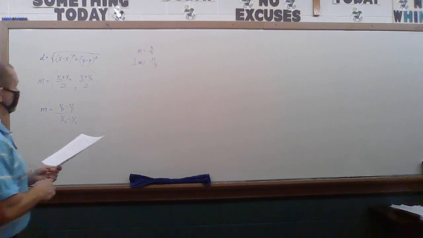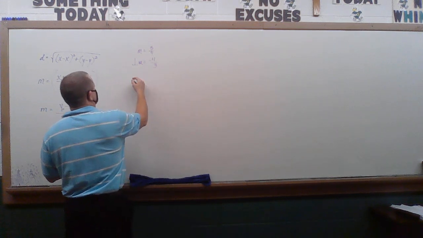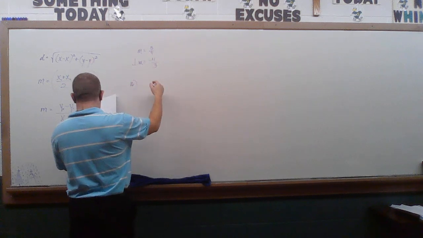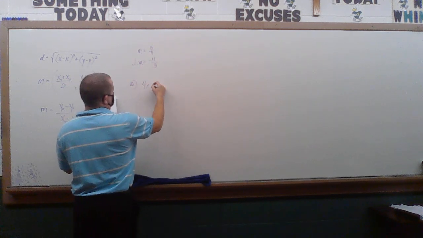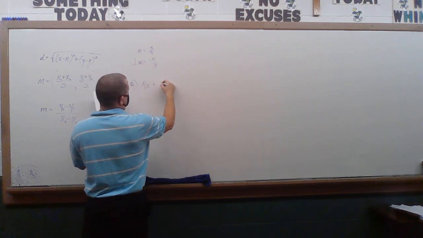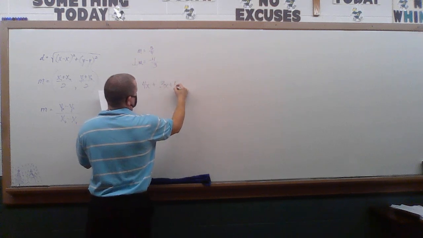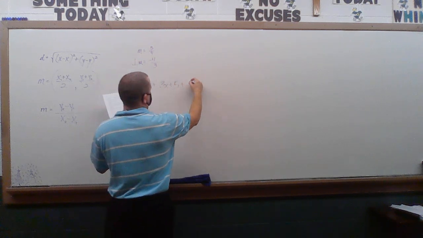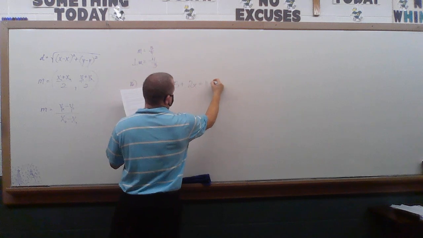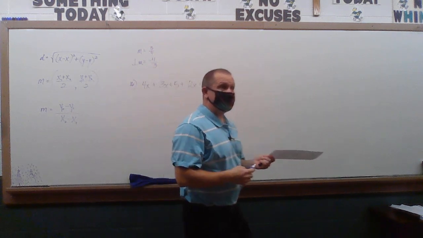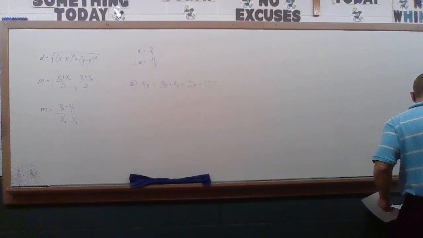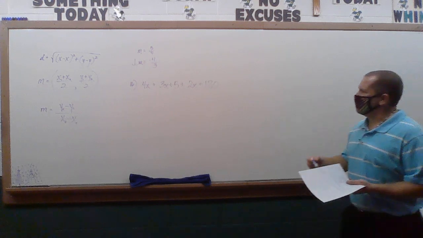Number 16 I can do. So in number 16, I'm going to take all of my quantities and add them together. And I'm going to set it equal to 180 because I know all three of my angles have to equal 180. And then I just do the algebra.